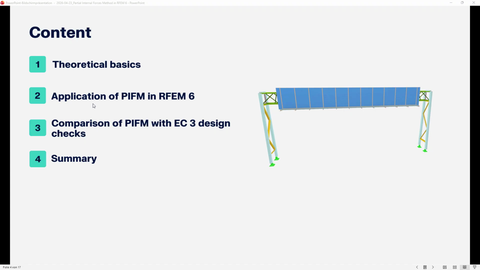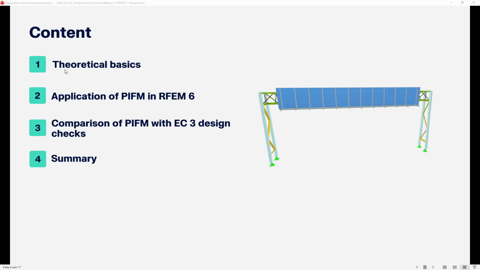There we will see how we can use the partial internal forces method, short PIFM, in RFEM 6, what input is necessary and how the results will look like. After we have finished that, we will do a short comparison between the PIFM and the EC3 design checks. And last but not least, I will give you a short summary about what we have learned after the webinar.